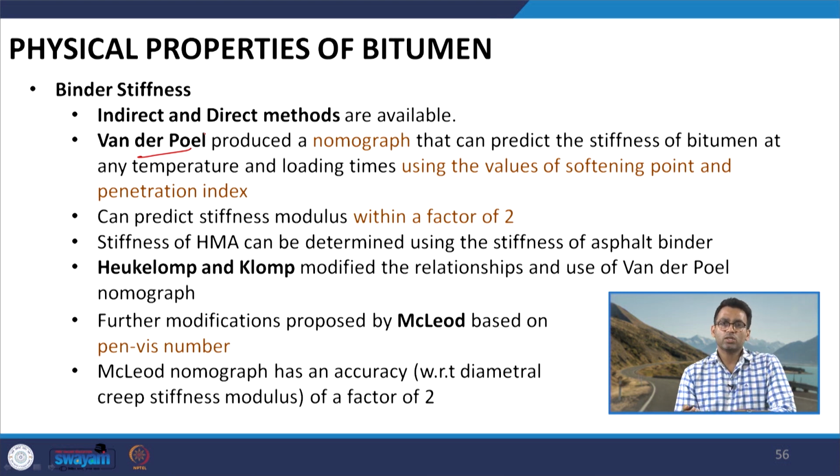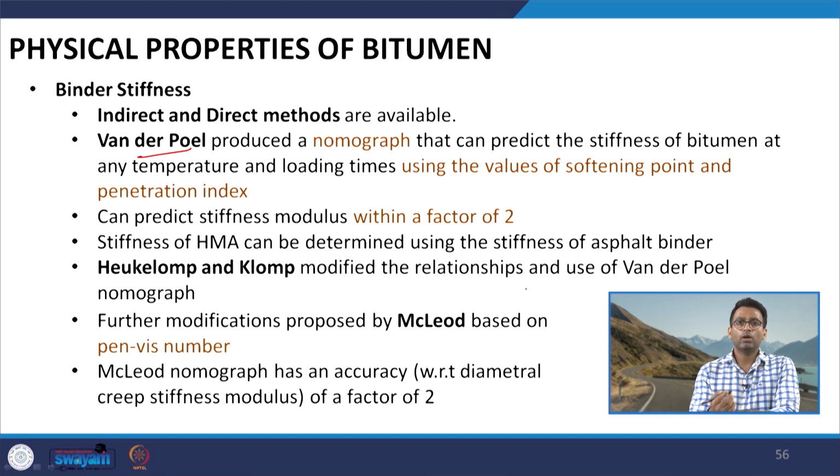After finding the stiffness of the bitumen, we have another chart which can be used to find out the stiffness of the bituminous mixture, depending on the stiffness of the bitumen and the volumetric properties of the mixture. Later studies were also done to modify the nomograph proposed by van der Poel.